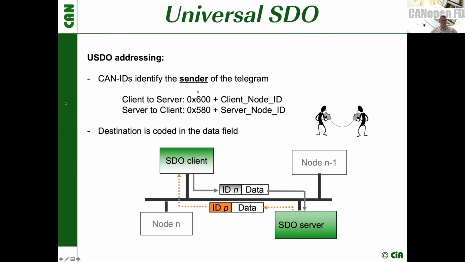We see here the request from client to server. Sorry, there's a U missing, it's the USDO client. From the USDO client to the USDO server is 600 plus the node ID of the client, and the answer comes with 580 plus the node ID of the server. So always the sender of the telegram provides the CAN identifier, and this gives you this high design flexibility.